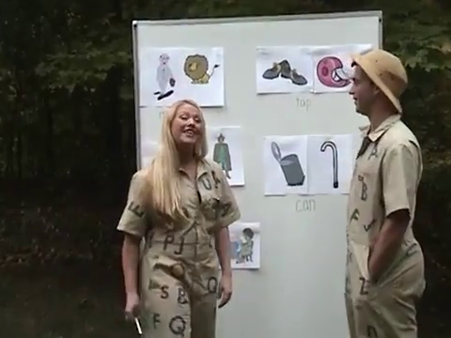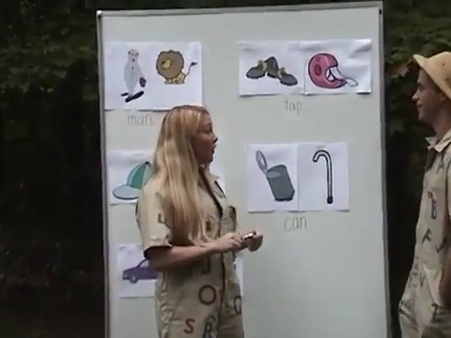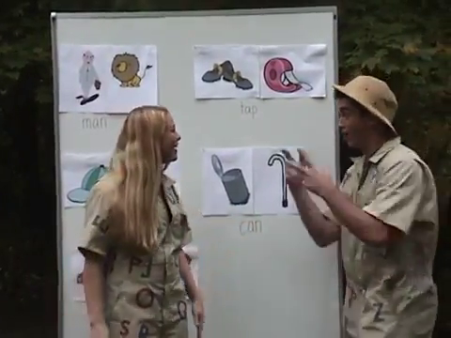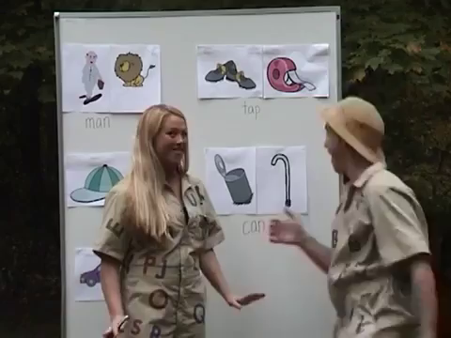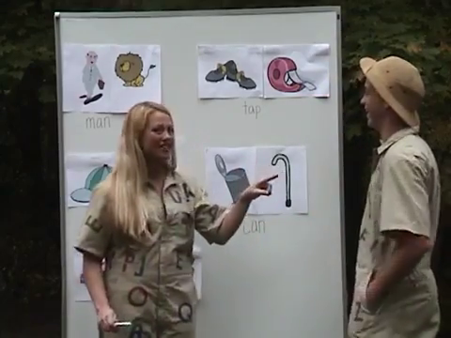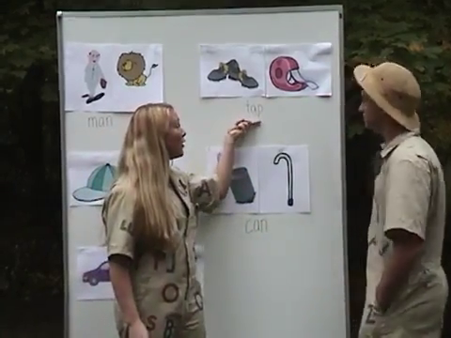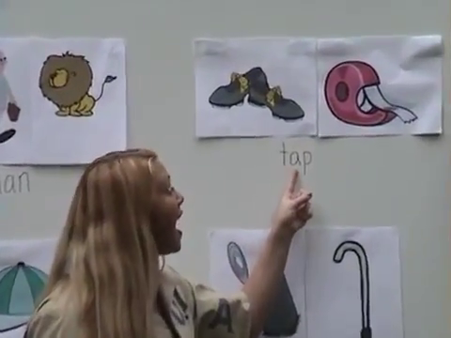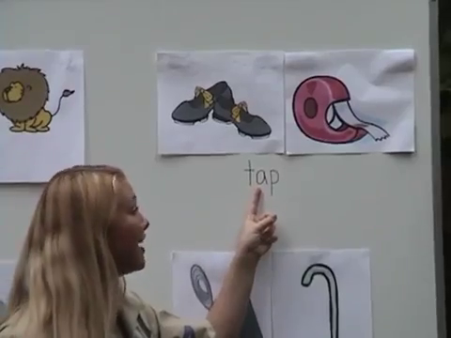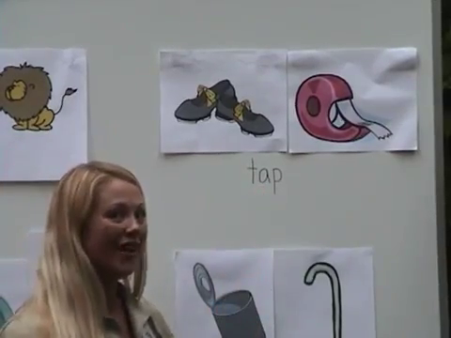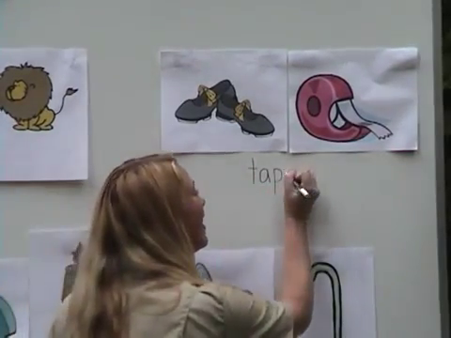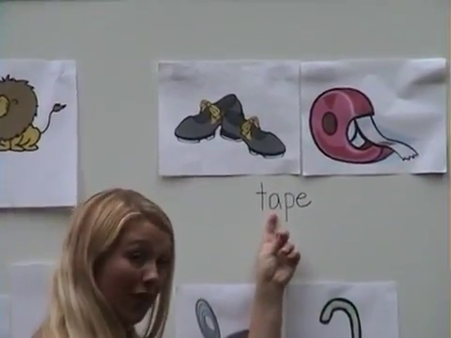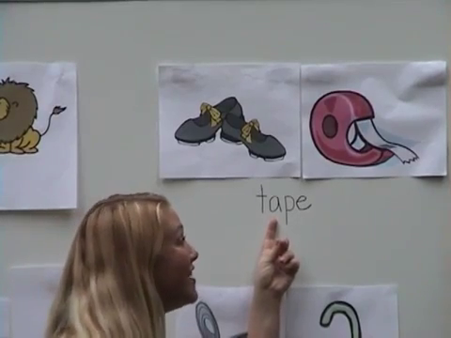Okay. Now, the first rule that I'm going to teach you about is called the magic E rule. I love magic. It is fun, and this is a lot of fun. Now, watch this. If you have a word with the short letter sound in it, like tap, t-a-p, a is the short A sound, and you put the magic E at the end, it turns the short A sound into the long A sound.